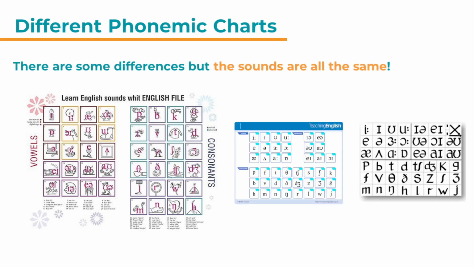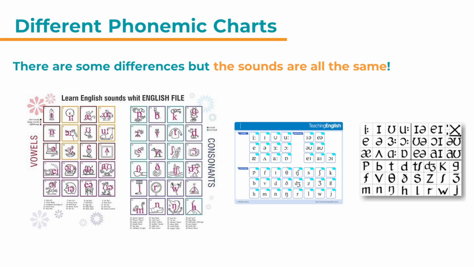So let's have a look at these three side by side. Like I said, I would say these are probably the most well-known sound charts for British English. There are plenty of other ones as well, but these are really well known because Adrian Underhill, the British Council, and also Oxford University Press are all very well known.